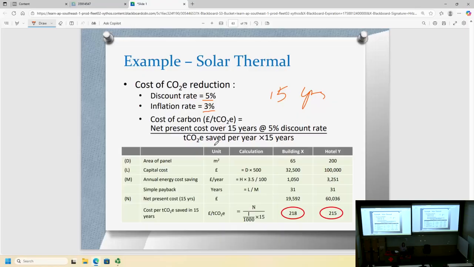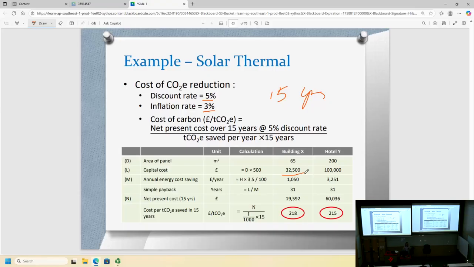So let's use building X as an example. For building X, we need to install 65 square meters of panel, and this is the capital cost. In the beginning, we have to spend this amount of money so as to install the solar thermal collector.